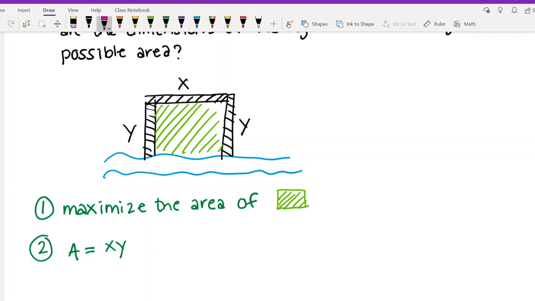So based on the question, if we have a total of 2,400 feet, that means x plus 2y is equal to 2,400. Because that's the total length of the fencing: we have this one piece that's length x and two pieces that are length y.